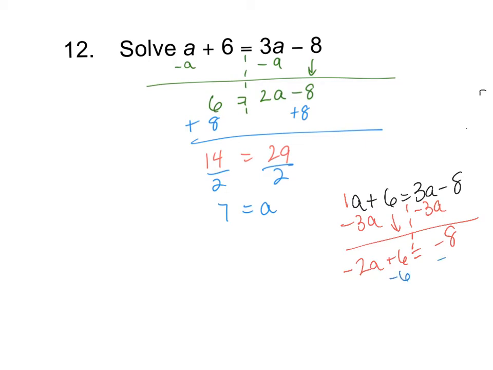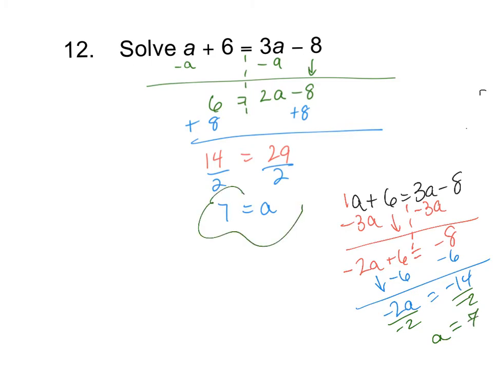From there, you would have minus 6, and you would have gotten negative 2a is equal to negative 14. Divide by negative 2, and you still would have gotten a is equal to 7. And again, you could check your work. 7 plus 6 is 13. Is 13 equal to 3 times 7 is 21. 21 minus 8 is 13. Yes, it is.